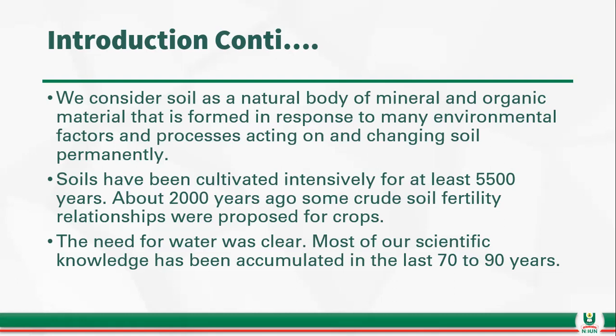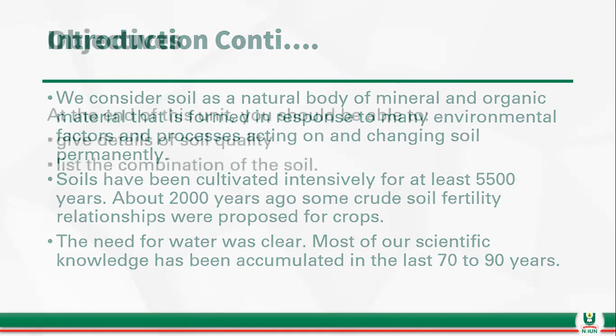So soil has been cultivated intensively for at least 5,500 years. And only about 2,000 years ago, some crude soil fertility relationships were proposed for crops. The need for water was quite clear, and most of our scientific knowledge has been accumulated in the last 70 to 90 years.